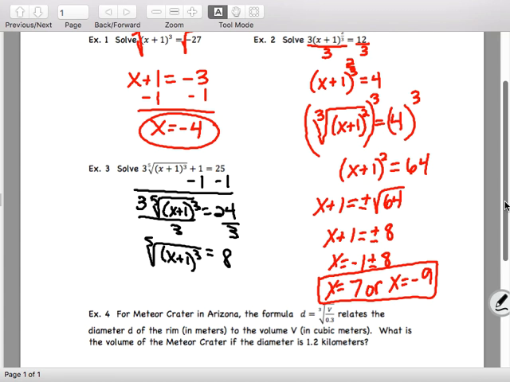All right, so you might want a calculator. And what do I need to do first?